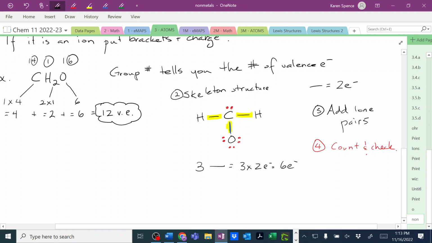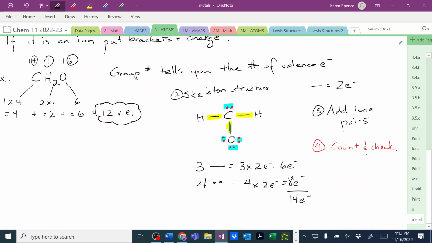I have 1, 2, 3, 4 lone pairs, which is 4 times 2 electrons, which gives me 8 electrons for a grand total of 14.